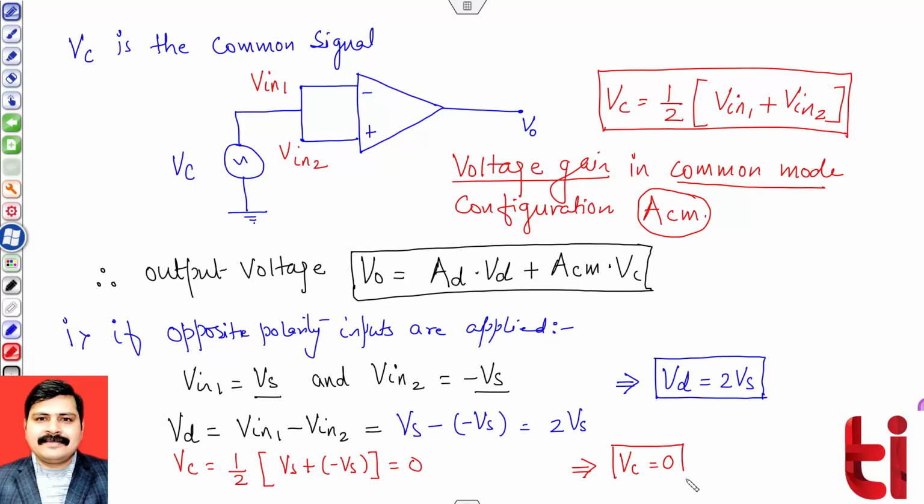That means in the same situation, the value of the common mode signal VC will be equal to 0 when an opposite polarity signal is applied. Let us determine the output voltage V naught for this case. This will be AD multiplied by twice Vs plus ACM multiplied by 0.